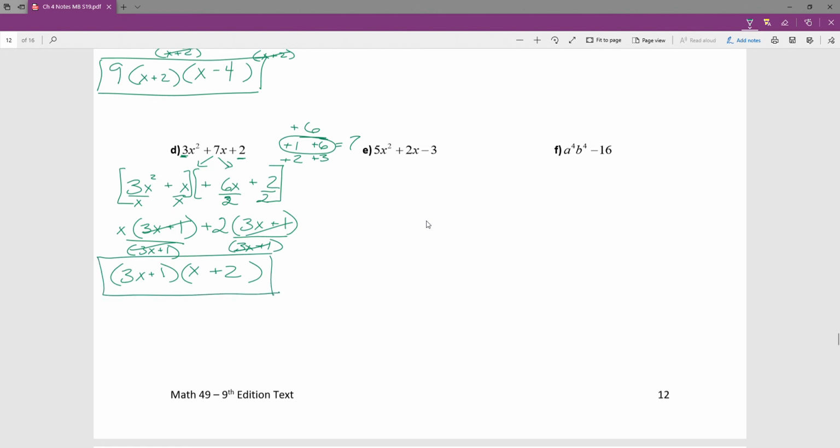Remember these ones, you should be able to check your work. You should be able to FOIL them out and reverse engineer them back to the original question. Remember that on these ones where you have that coefficient, again, there's no shortcut. So you still utilize that number puzzle, but it's not the direct link to the answer like it is when you have the 1 in the A spot.